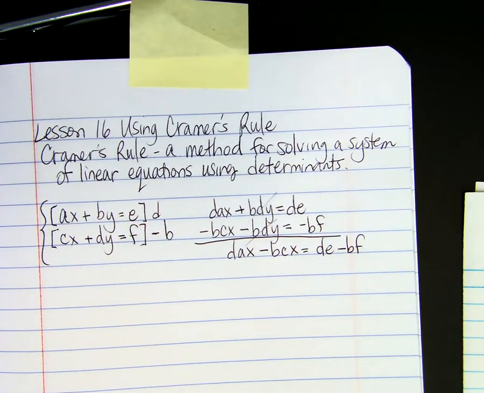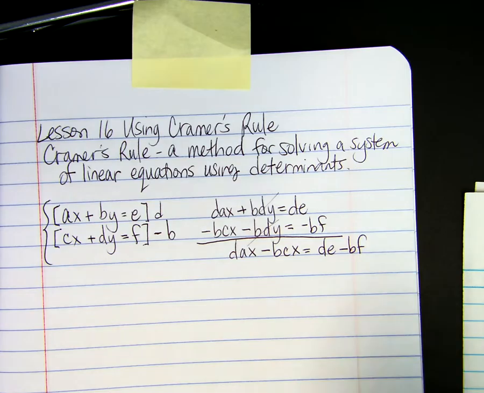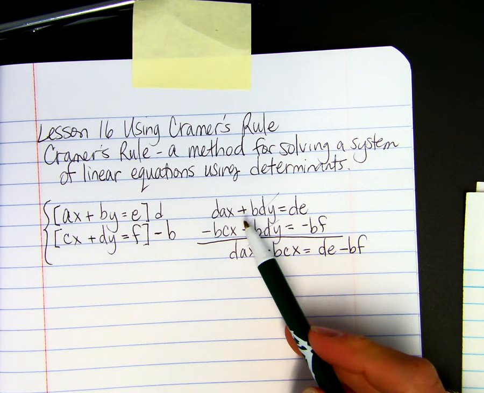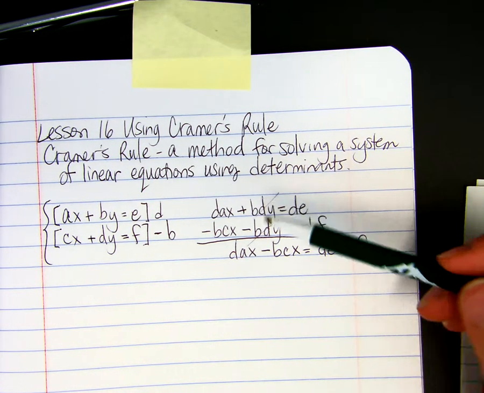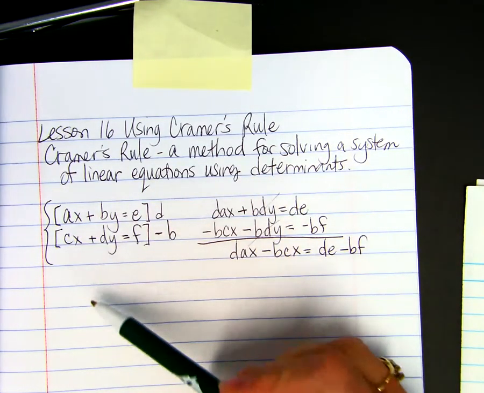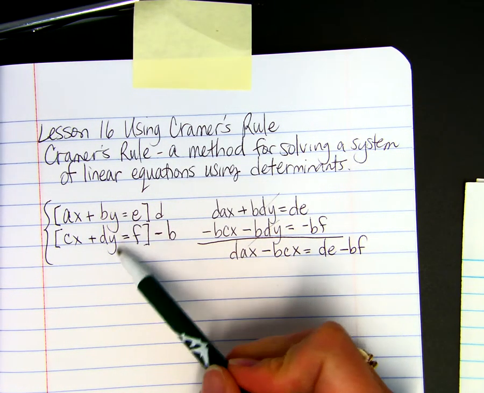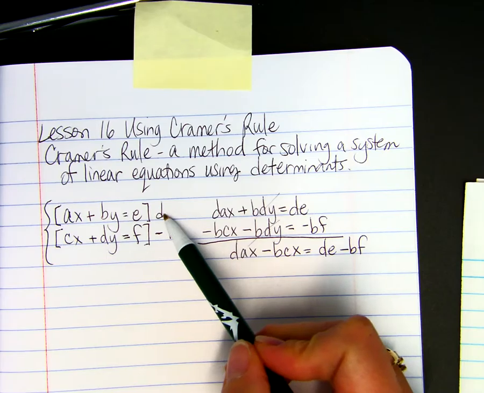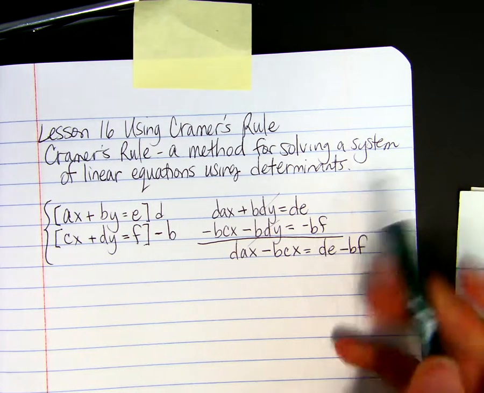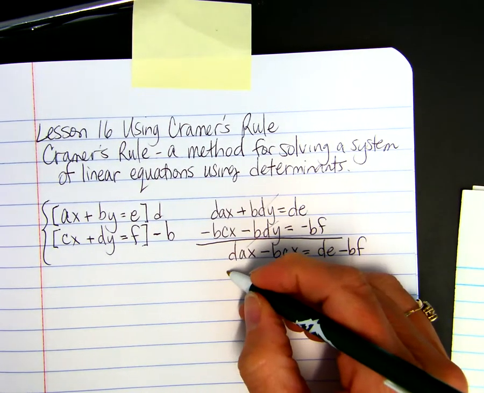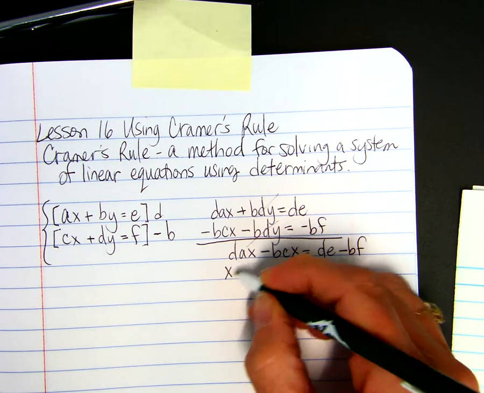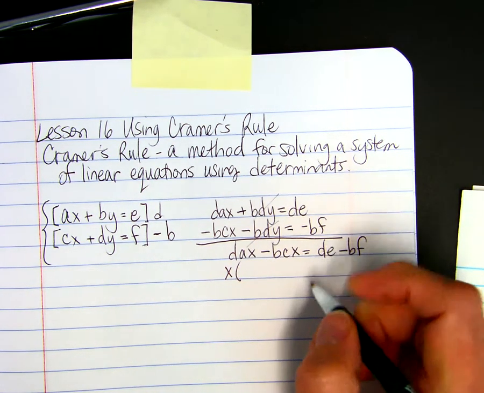How did you get the dax and then the negative bcx equations? I am solving this system by elimination, so you just use the distributive property. Multiplied everything by d. Now I am going to factor out an x on the left side of our equation.